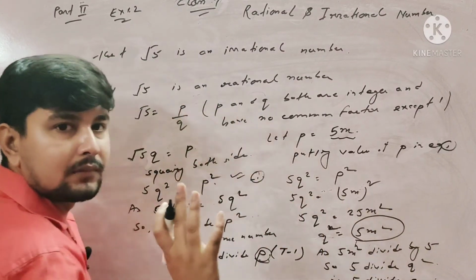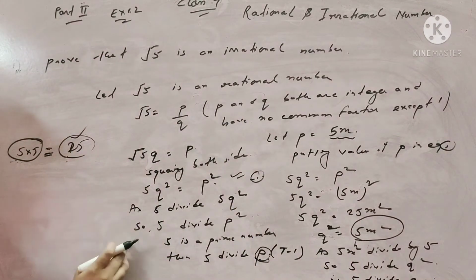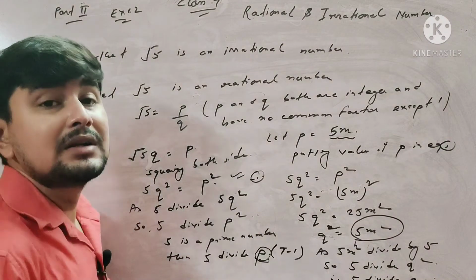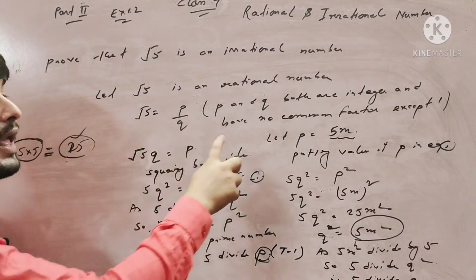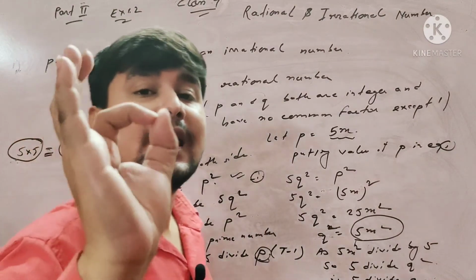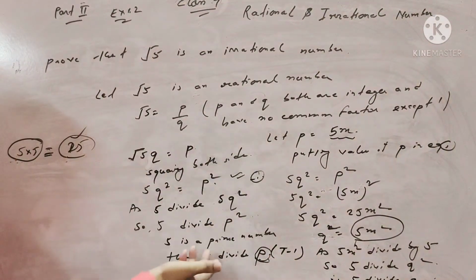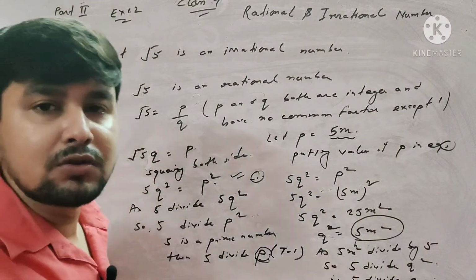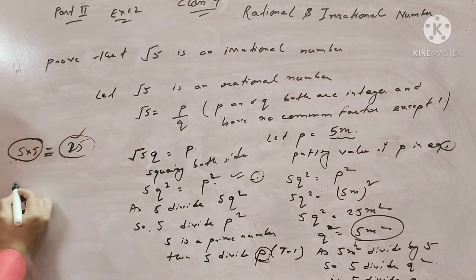Clear? As we see, p and q both numbers are divided by 5, but we learned that in a rational number there is no common factor except 1. But here is a common factor, that means p is divided by 5 and q is also divided by 5. That means our supposition is totally wrong.